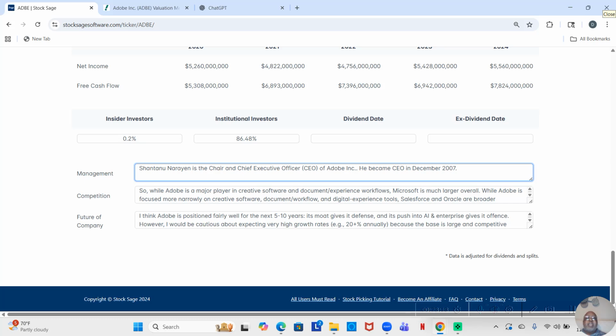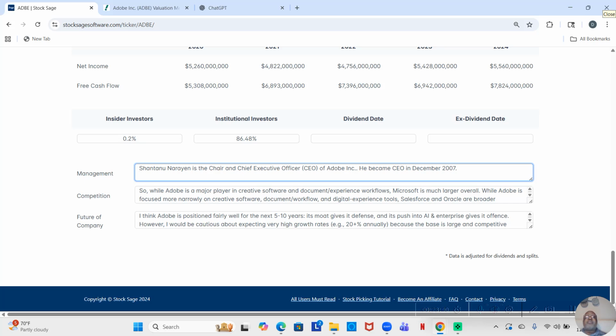They're usually buying millions, they're holding it for a while. So when a company has large institutional ownership, you as an investor like that. And Adobe Inc. has 86.48%. They're not paying a dividend.